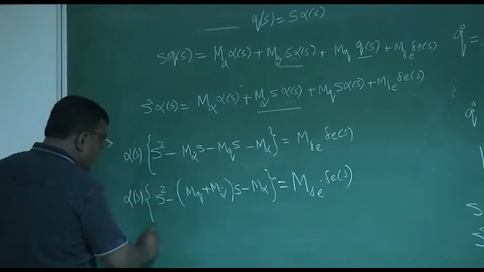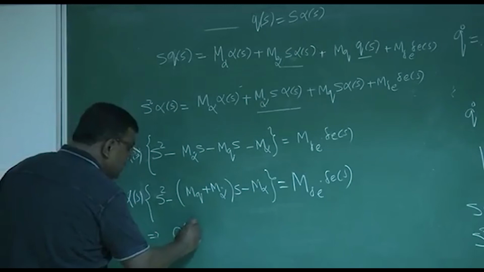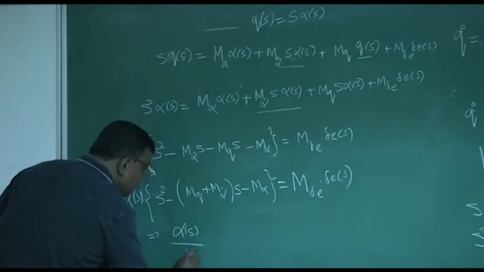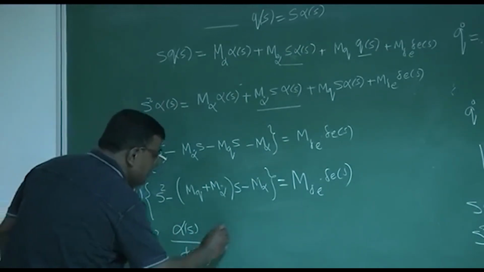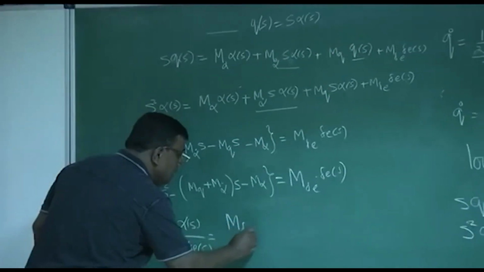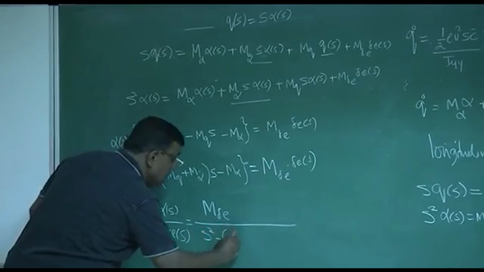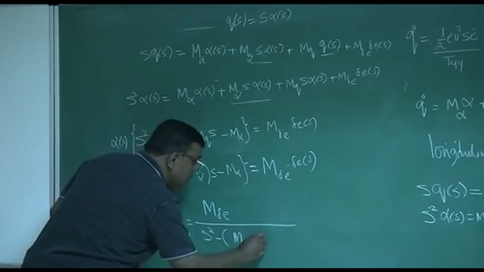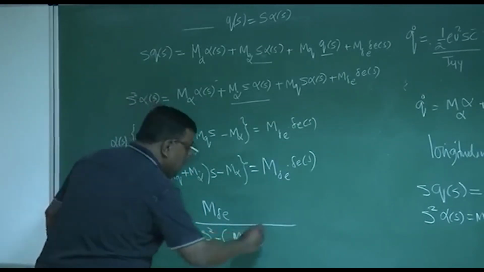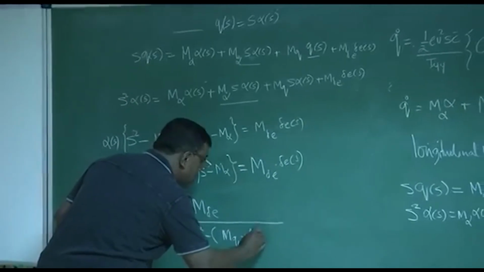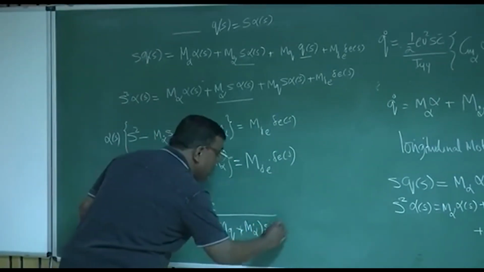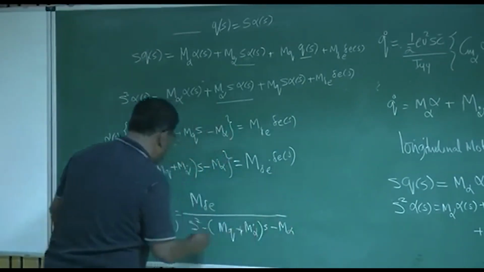Okay, so I can write alpha S by delta E of S is equal to M delta E by S square minus MQ plus M alpha dot S minus M alpha. Okay?